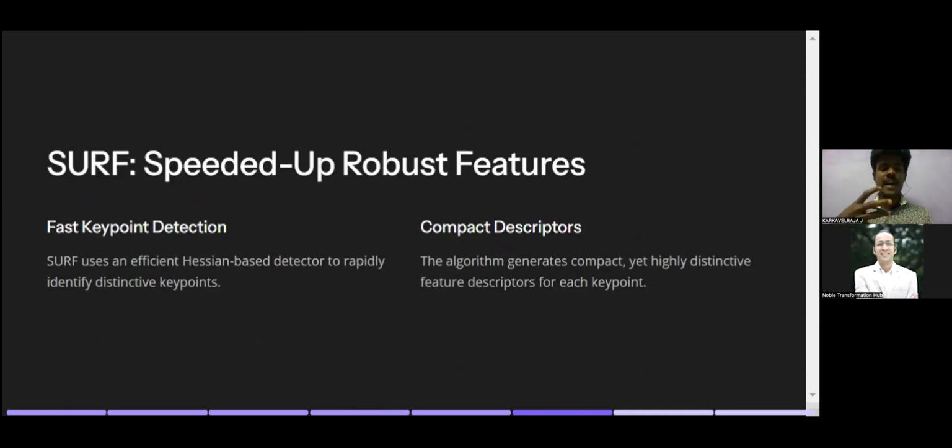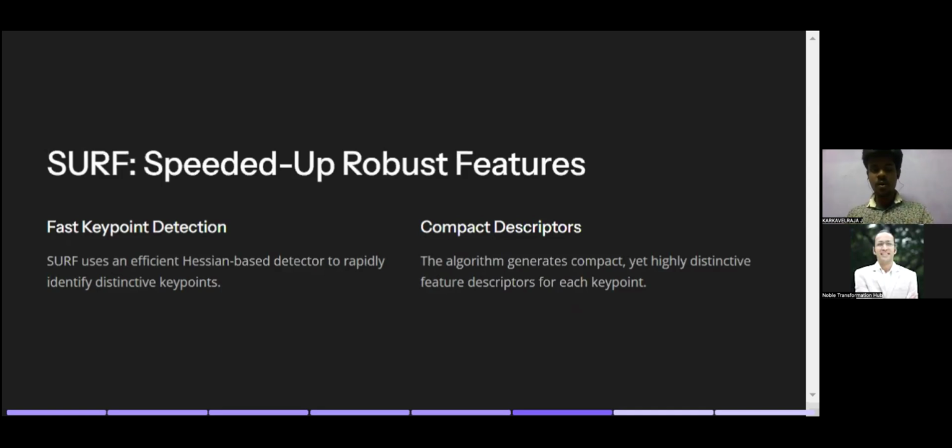It offers fast key point detection as well as compact descriptors. Let's see what it is. SURF uses an effective Fusion based detector to rapidly identify distinctive key points. This means it takes a glance at the frame and identifies what features are available.